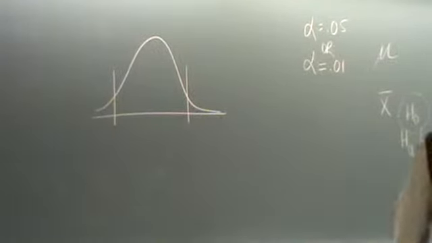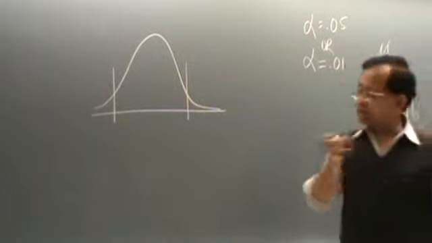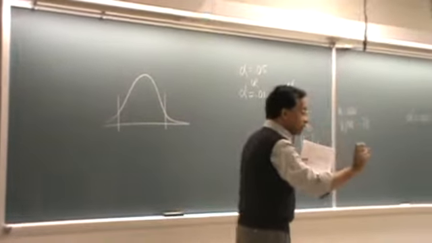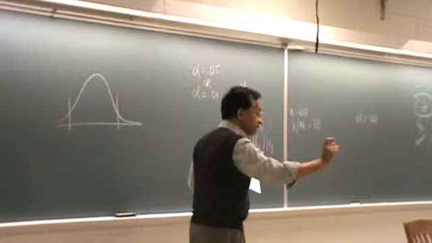Now, if we are going with alpha equal 0.001, and if we are dealing with a two-tailed test, that means that 0.001 will be divided equally on each side of the tail.